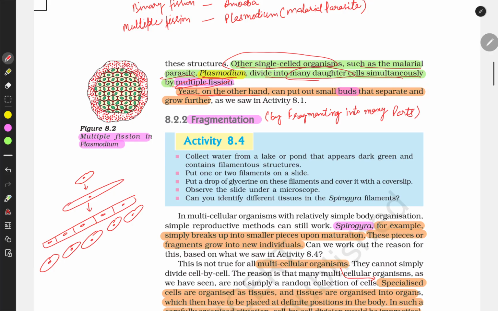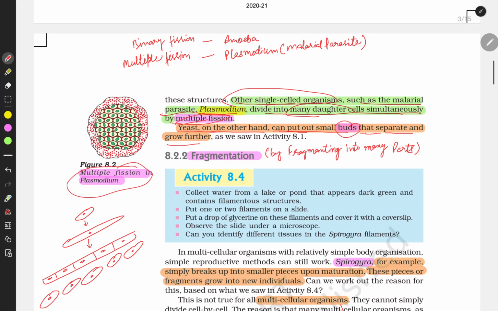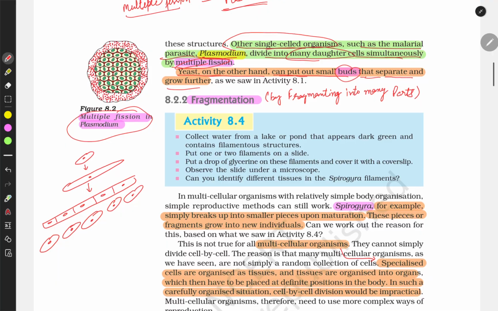The yeast, on the other hand, can put out small buds that separate and grow further. So a plasmodium, which is a malaria parasite, also fuses by multiple fusion. Division into two happens in amoeba. Multiple fusion is an example of plasmodium, which is a malaria parasite.